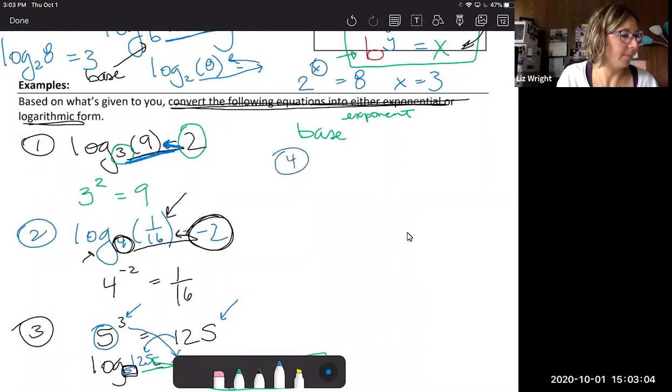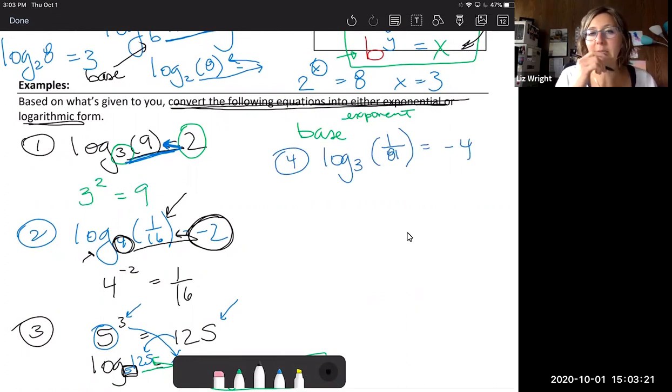Oh yeah. Number 4, we have log base 3 of 1 over 81, and that is going to equal -4. So switch it up. I want you to go ahead and change it into exponential form. What do you get?